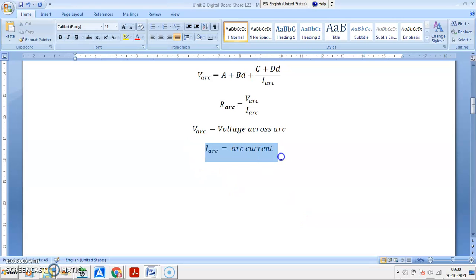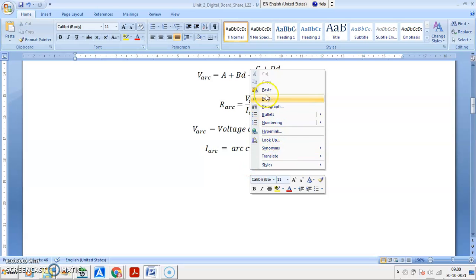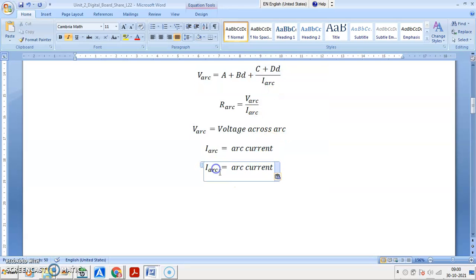Then another term is R arc. R arc is the arc resistance.